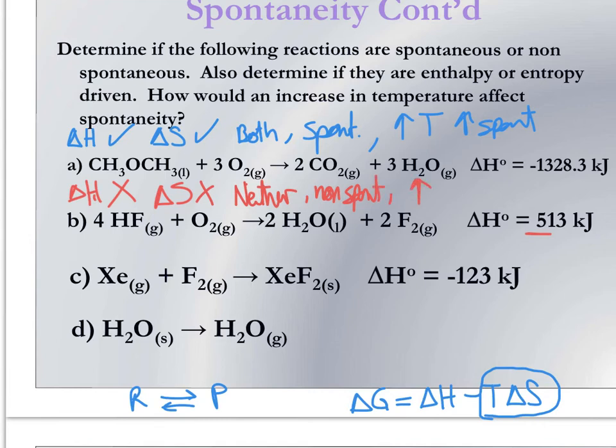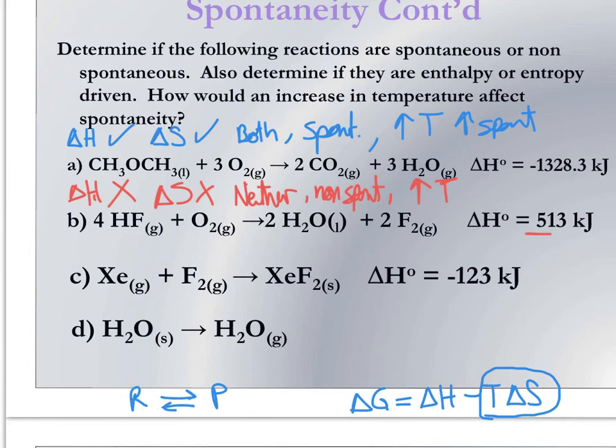Well, what if I increase my temperature? What's going to happen? Remember we said if I increase my temperature, I increase the effect of delta S. And so we're saying this reaction is not spontaneous, right? So let's say at the end of the reaction, I only have maybe 10% products, 90% reactants. That's not favored. That's not spontaneous.